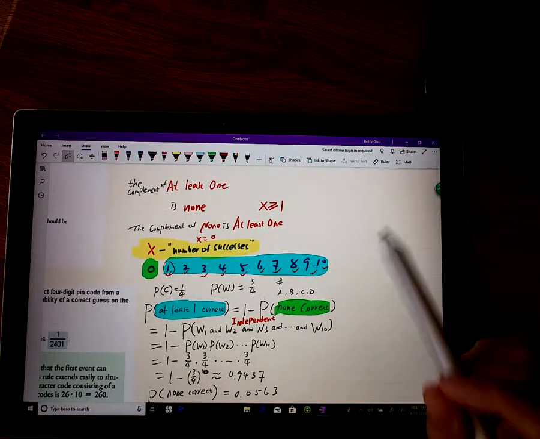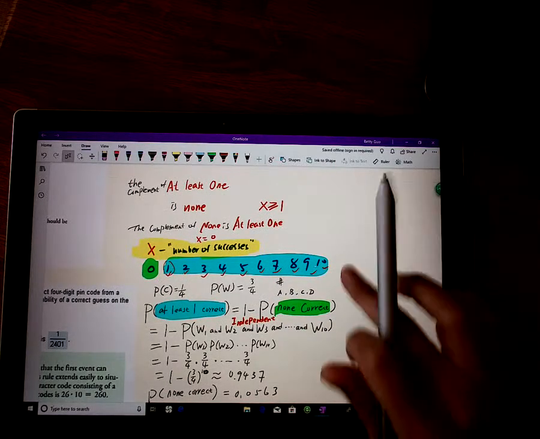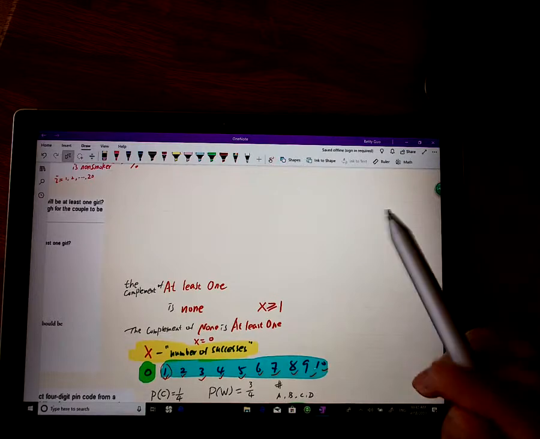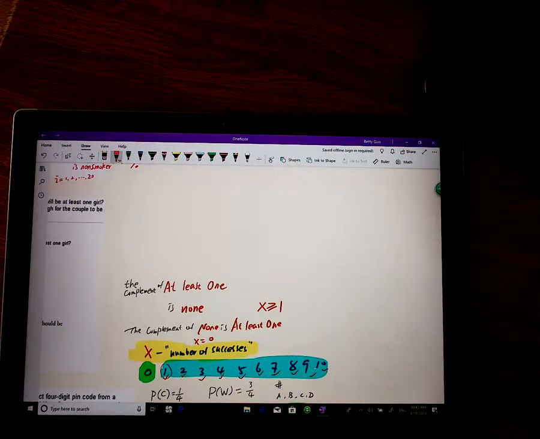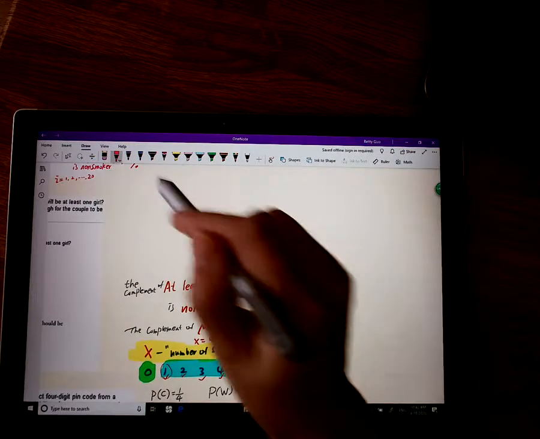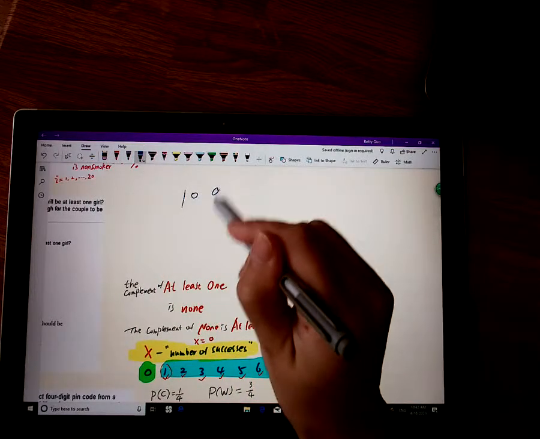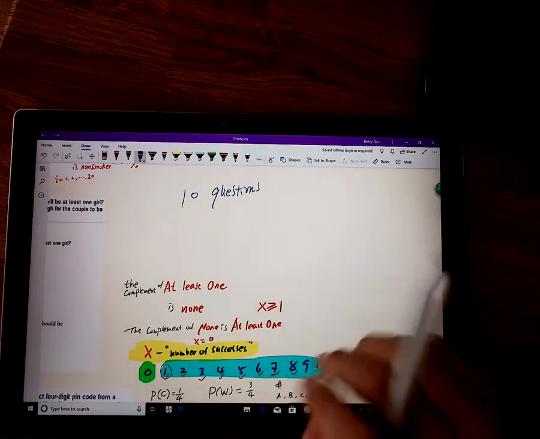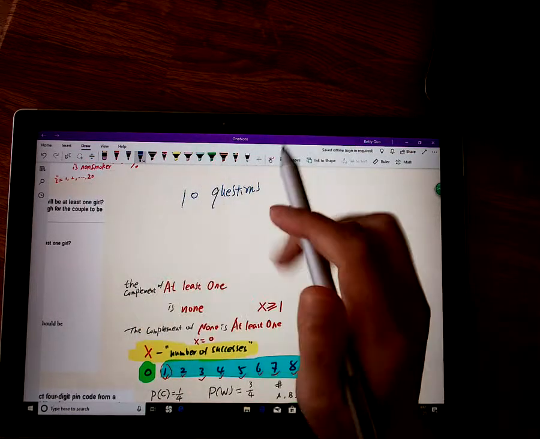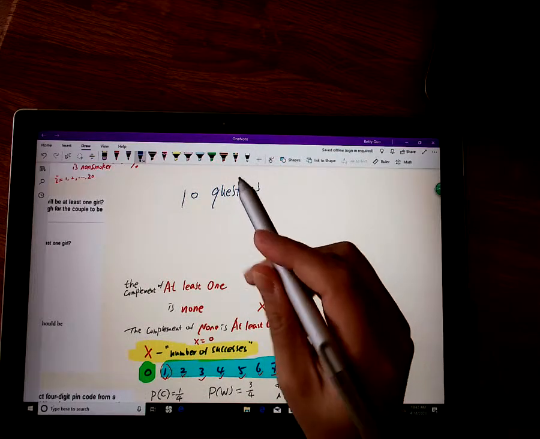All right, so we're considering an experiment. The experiment is our day quiz. How many questions in our day quiz? 10 questions, right? Let's assume all the questions are multiple choice questions.